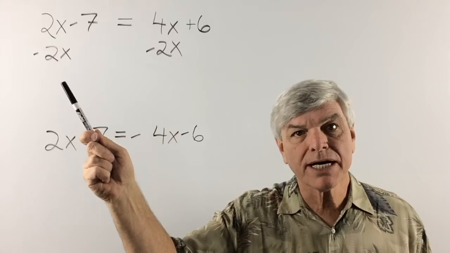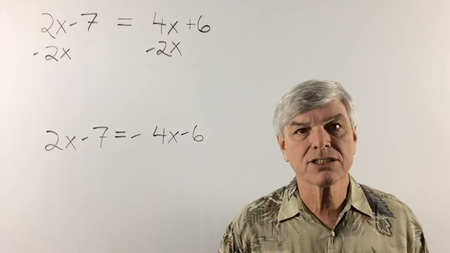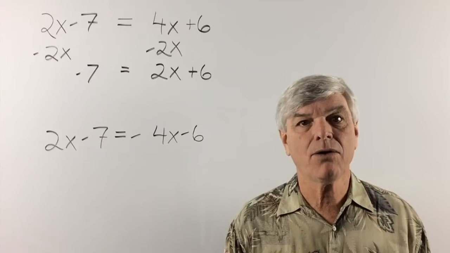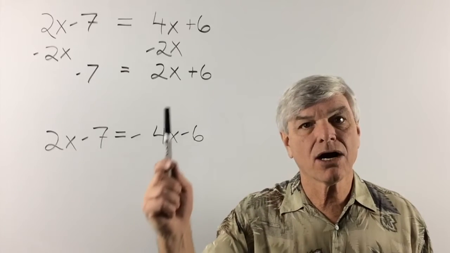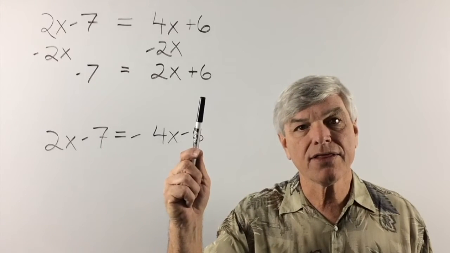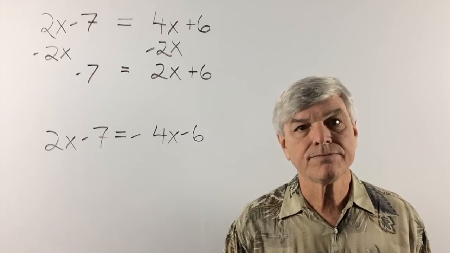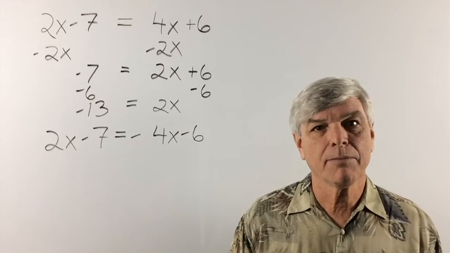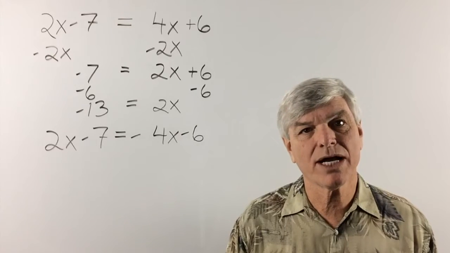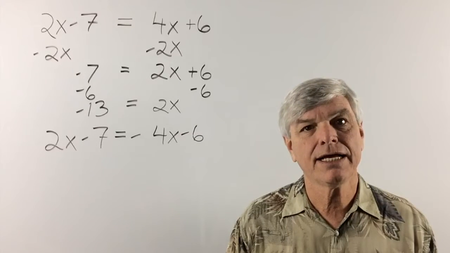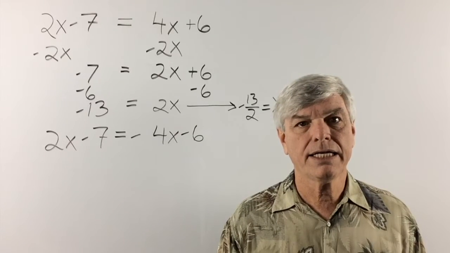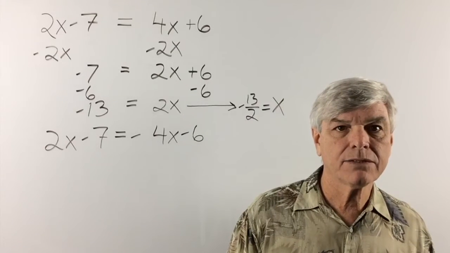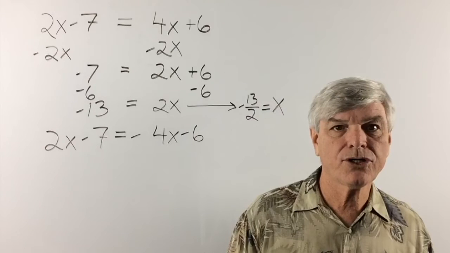So it's 2x minus 2x and 4x minus 2x. And of course, bring everything else down. And let's isolate our 2x by bringing the 6 over. And let's bring everything down. And boy, that is starting to get messy. So why don't we go sideways with that? And you can see if I move my head that x equals negative 13 over 2.